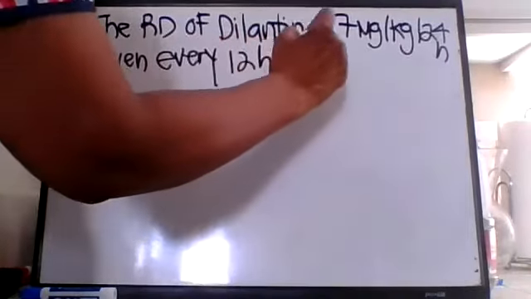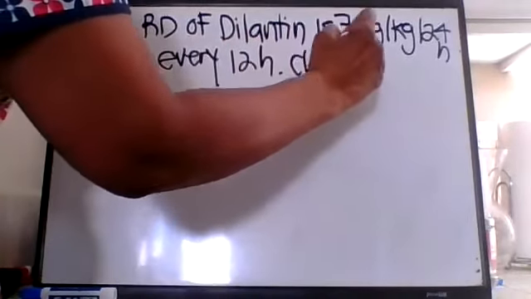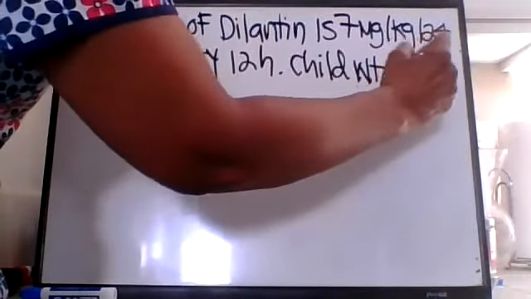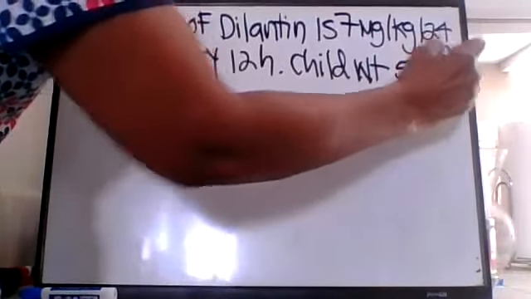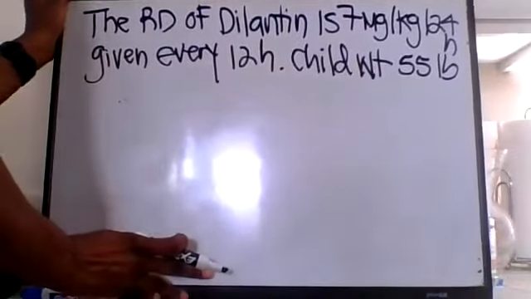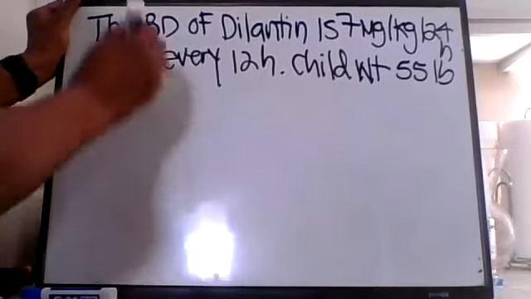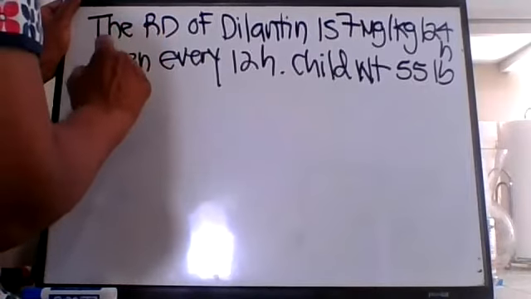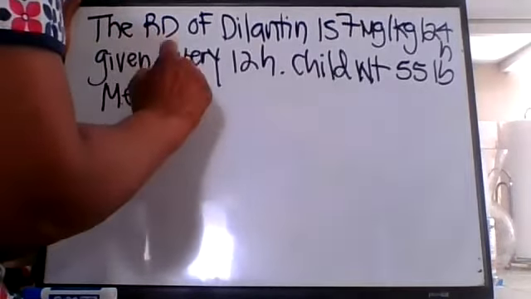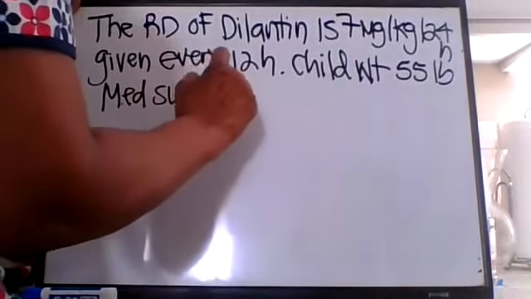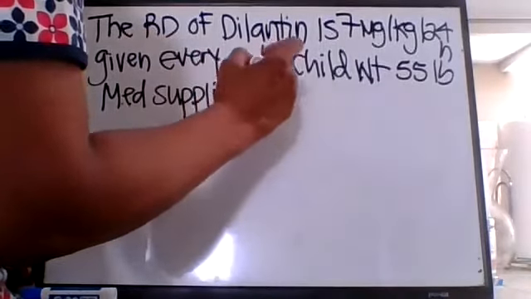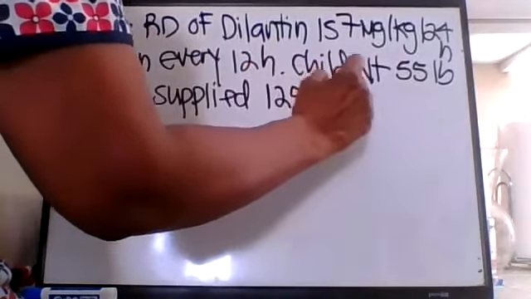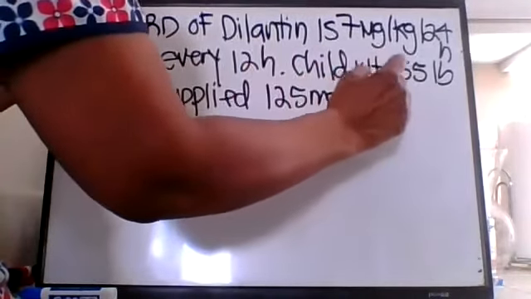Okay, the child's weight is 55 pounds. Hope you guys can see this board. My board is moving around. Okay, med on hand, or the med supplied, is 125 milligrams per 5 milliliters.